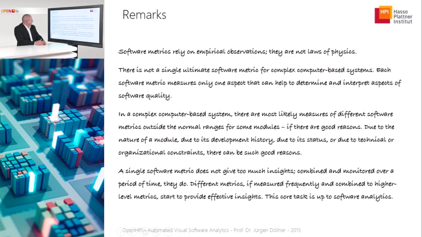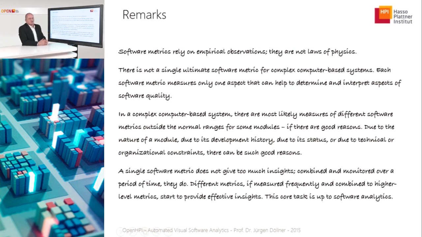Also in complex computer-based systems, there are most likely measures of different software metrics outside the commonly agreed normal ranges for some modules, if there are good reasons. There may be some good reasons due to the nature of a module, due to its development history, due to its status, or due to technical or organizational constraints.